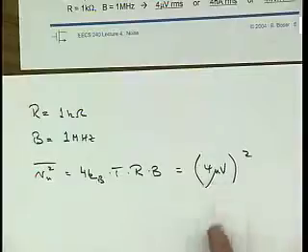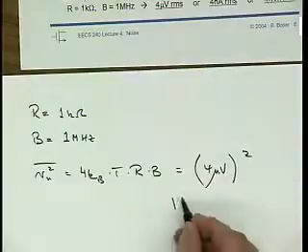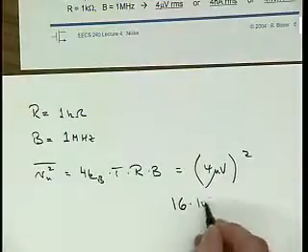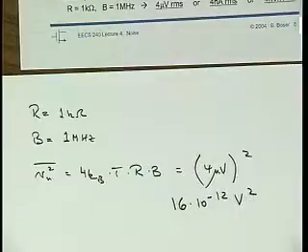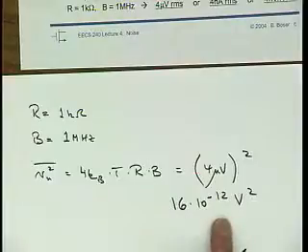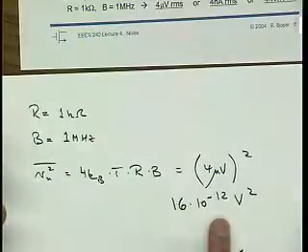Now 4 microvolts square would actually be 16 times 10 to the minus 12 volt square. That's the result that comes out of this. Can you do something with that? Well, me neither. It's very hard to get anything useful out of this.